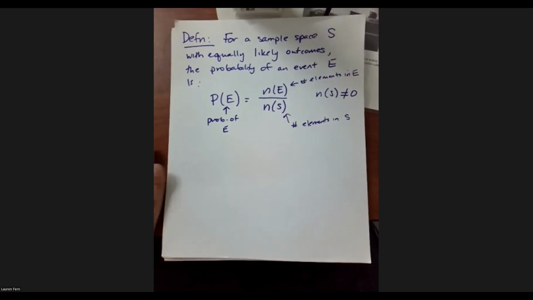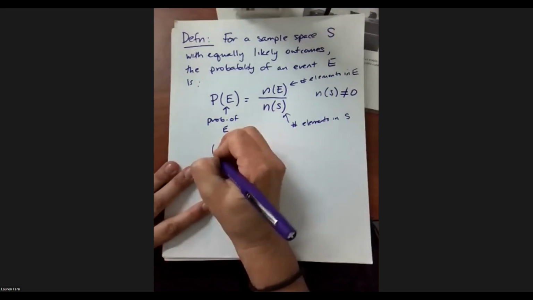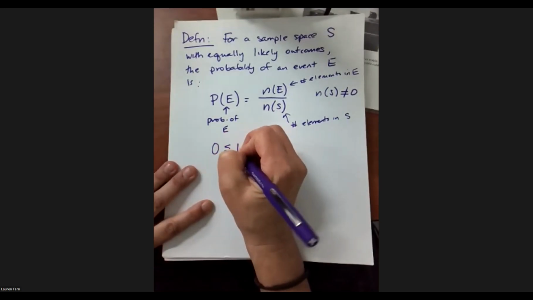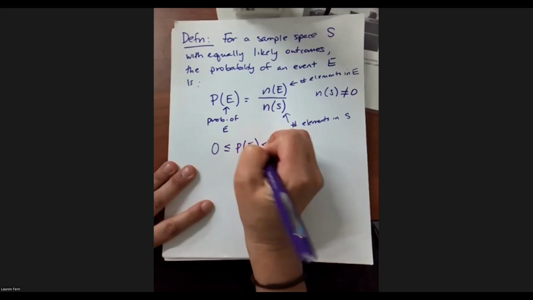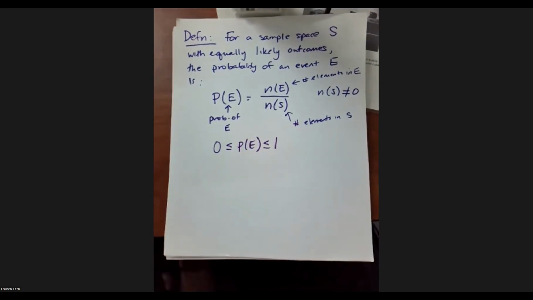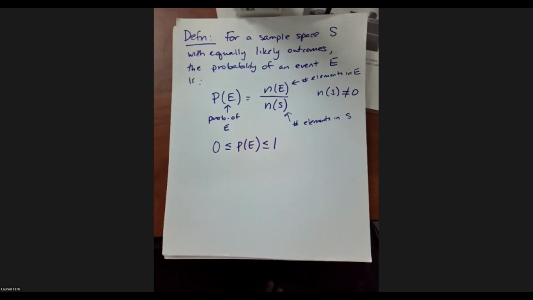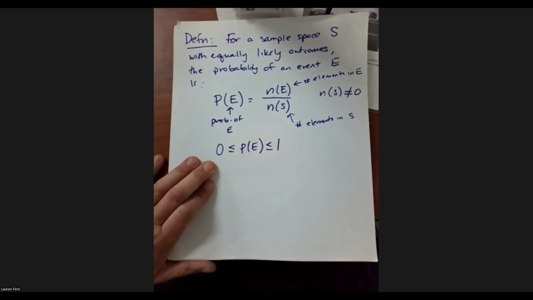Okay, now something that I'm going to tell you is that when you're talking about the probability of an event happening, it's always got to be between 0 and 1. If you do a computation and you get the probability to be greater than 1, you made a mistake. Okay, if you do a computation and you get the probability to be negative, in other words, less than 0, you also made a mistake. Okay, now I'm going to show you why this is true.